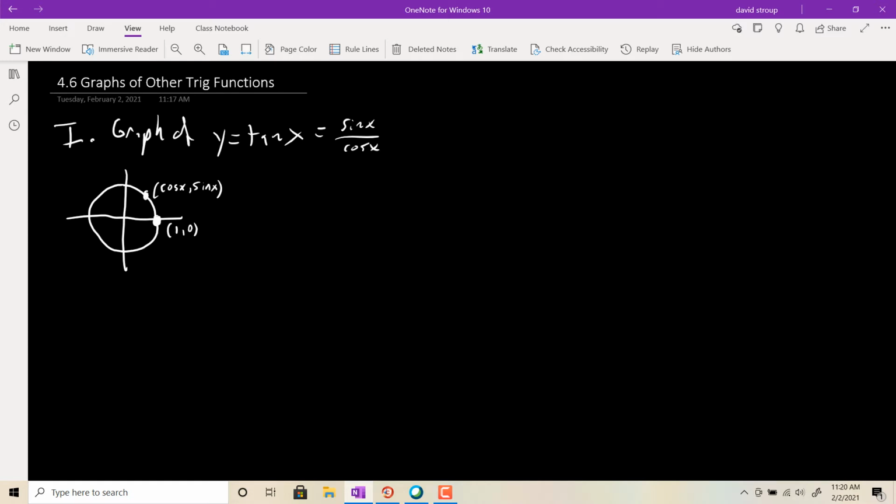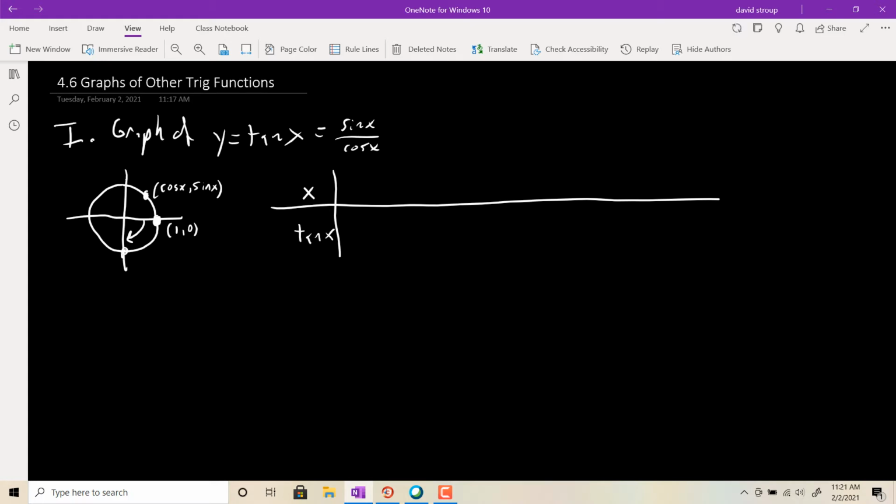Okay, so we want to make a table and then plot it in the xy plane. So here we go. There's going to be x, which represents an angle, and then tan x. We'll start with 0. Or actually, we're going to start at negative pi over 2. So that would be this angle right here.